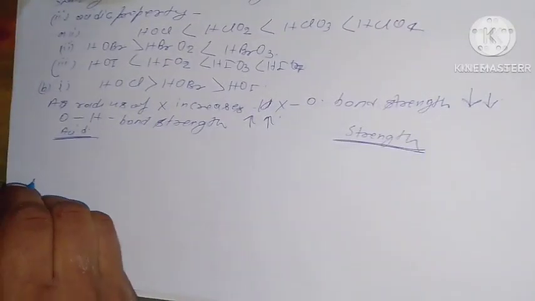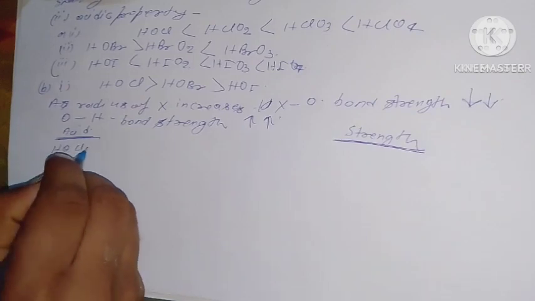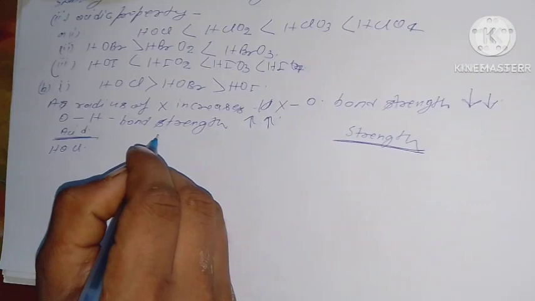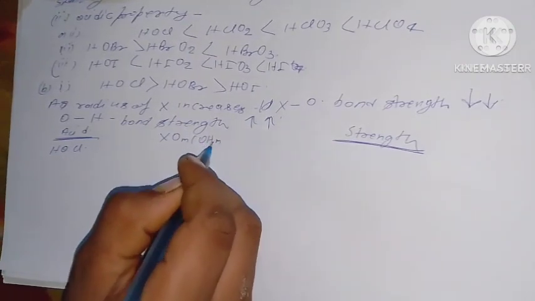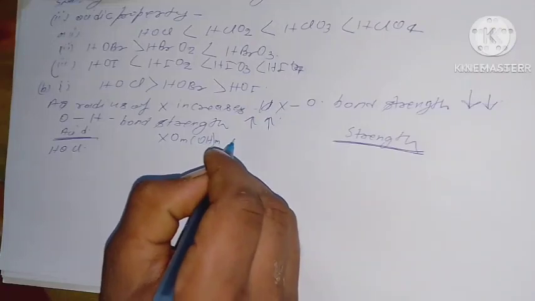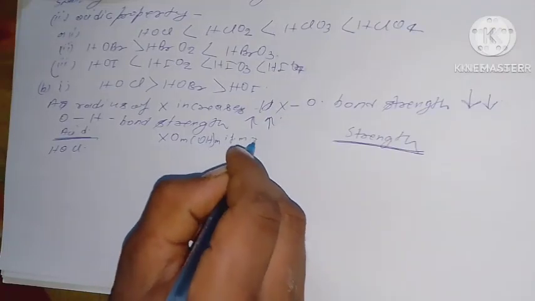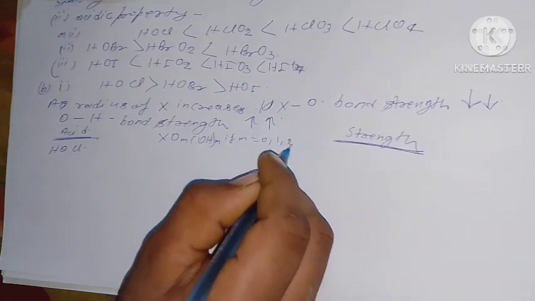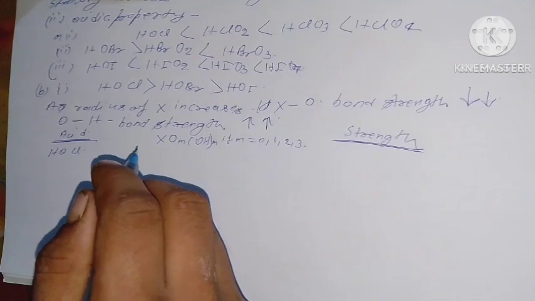Okay, HOCl, this is XOMOH, where if M equals 0, the acid is very weak.